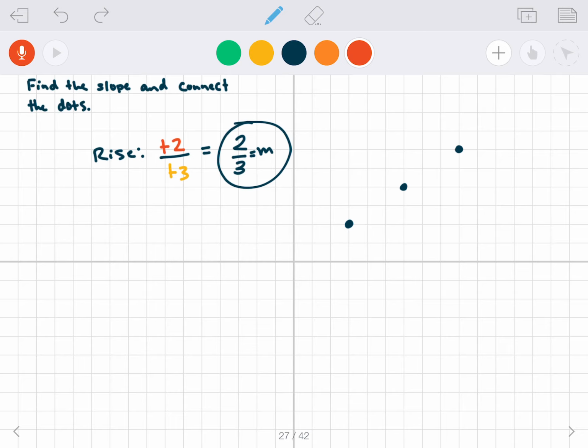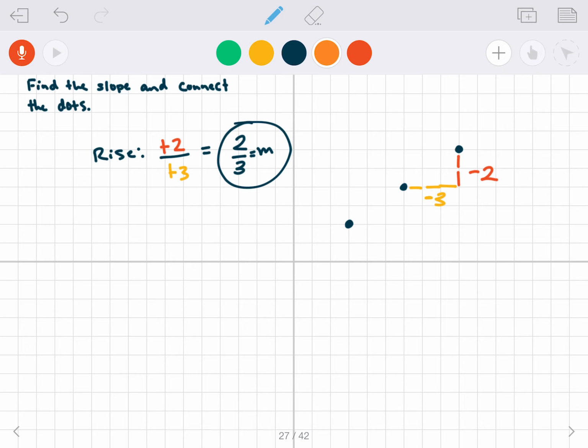Well, rising, I'm actually rising down, if that makes any sense. So I'm rising down 1, 2. So I go down, which corresponds to a negative 2. And then I go to the left, 1, 2, 3. So I go minus 3 because left and down are both minus.